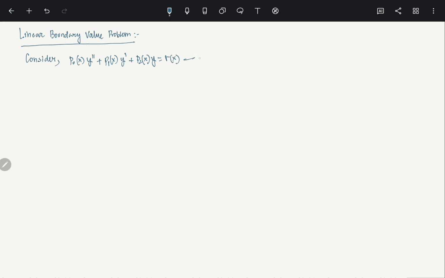Let's say that's your first equation. Now this is in some interval I, which is alpha beta.